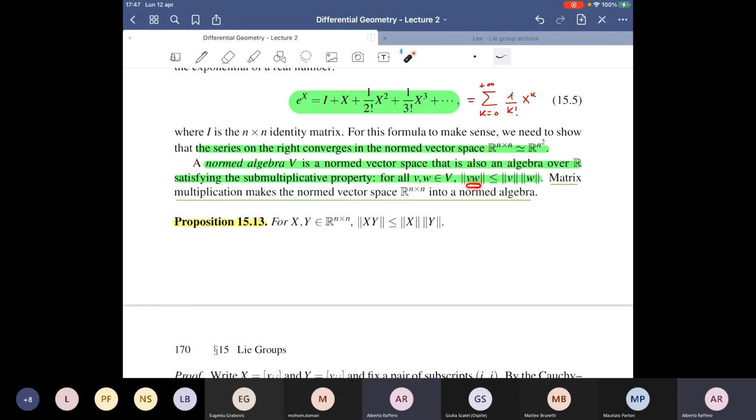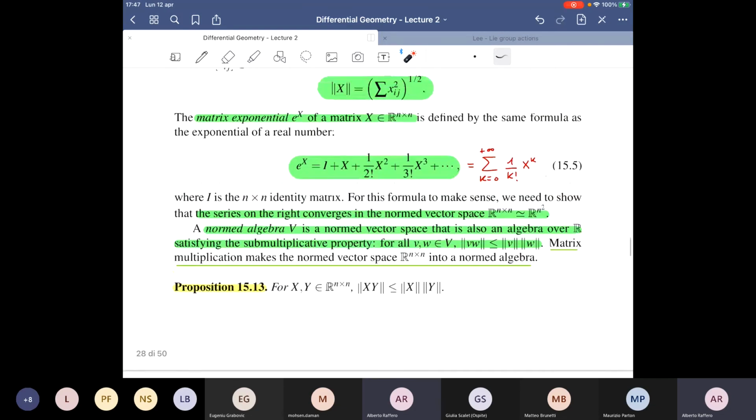Take two vectors, multiply them with the product operation you have on your algebra, and take the norm. Then the norm of this product has to be less than or equal to the product of the norms. What this proposition shows is that the matrix multiplication on the space of matrices makes the normed vector space R^(n times n) with this norm a normed algebra.